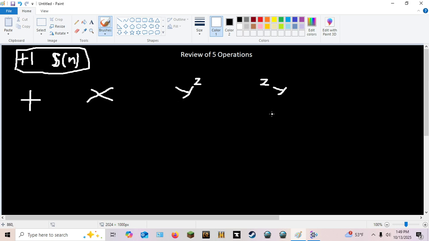So it should look like this, or that, or this. If you're using these, you'd probably use computer notation.